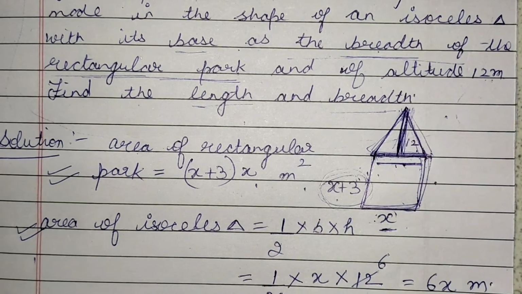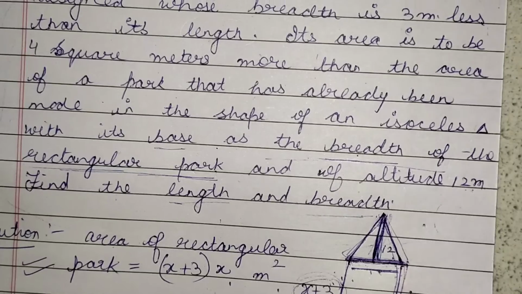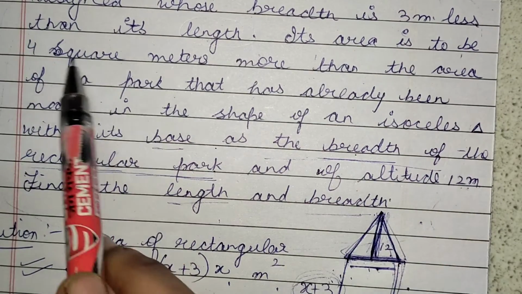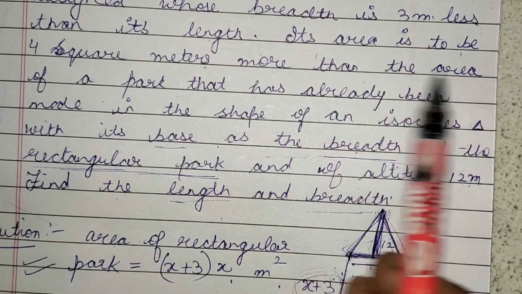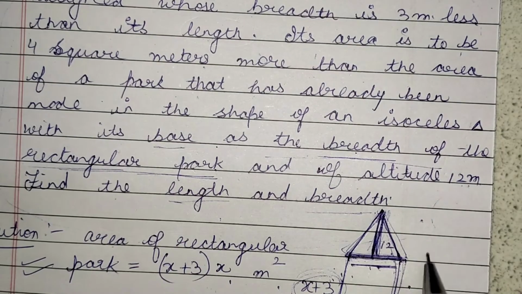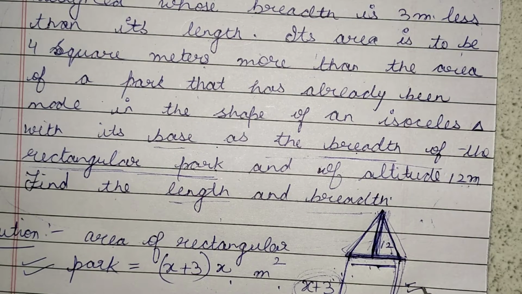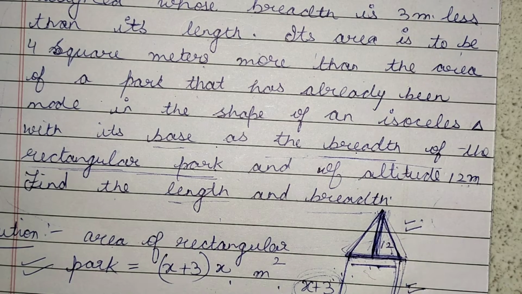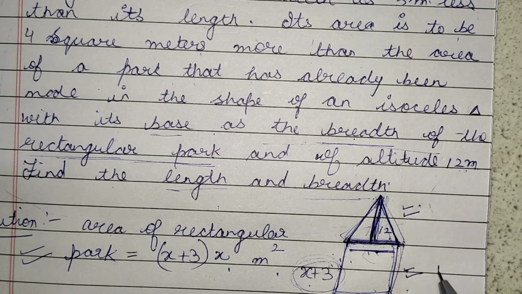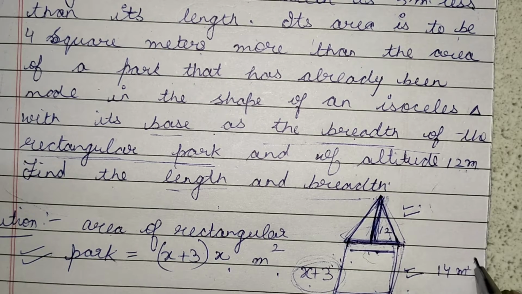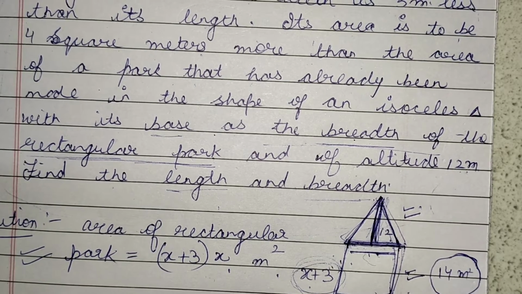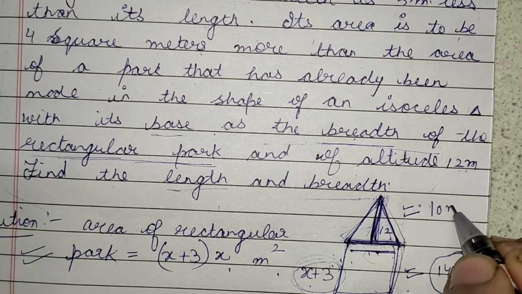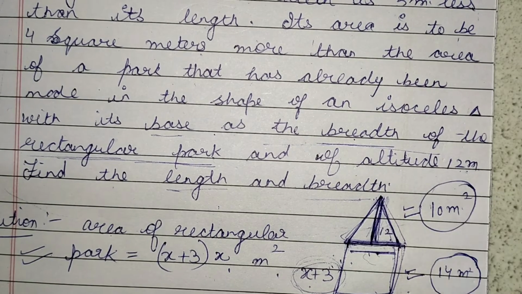Okay, and what is the condition given in the question? That its area is to be 4 square meter more than the area of the triangular park, meaning the area of the rectangular park is 4 more than the area of the isosceles triangle. Suppose the area of the rectangular park is 14 square meter, then the area of the isosceles park is 12 square meter.